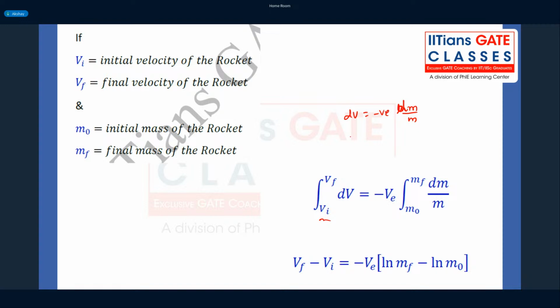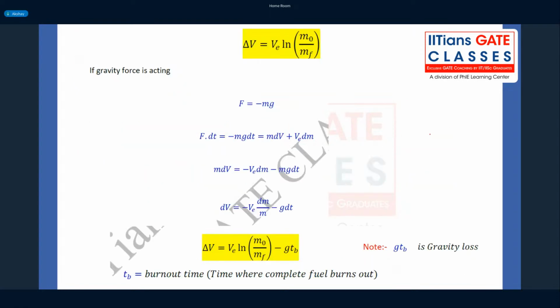If you integrate, you get the change in velocity equal to the integral of v dm by m. Integrating from initial mass to final mass and applying the limits, you get the logarithm of mf over m naught, something like that, right? So that is my rocket equation.